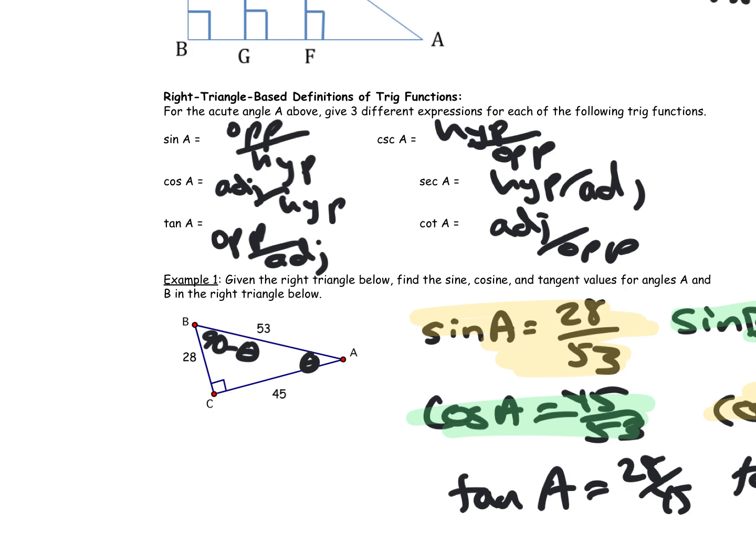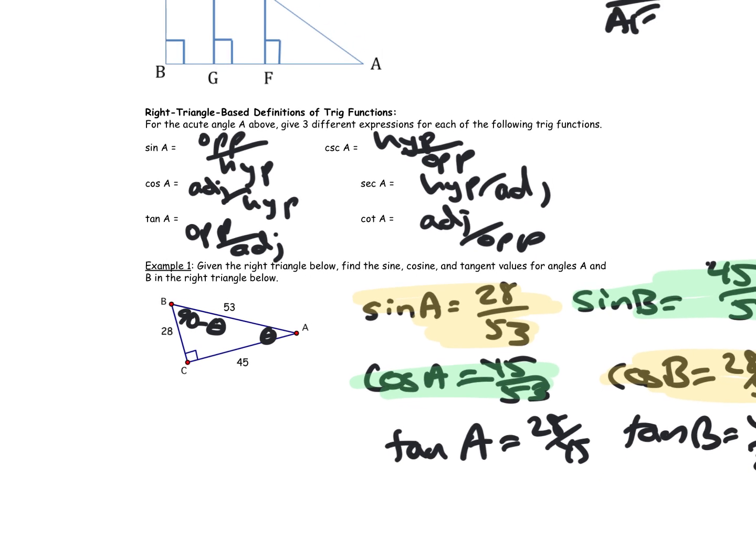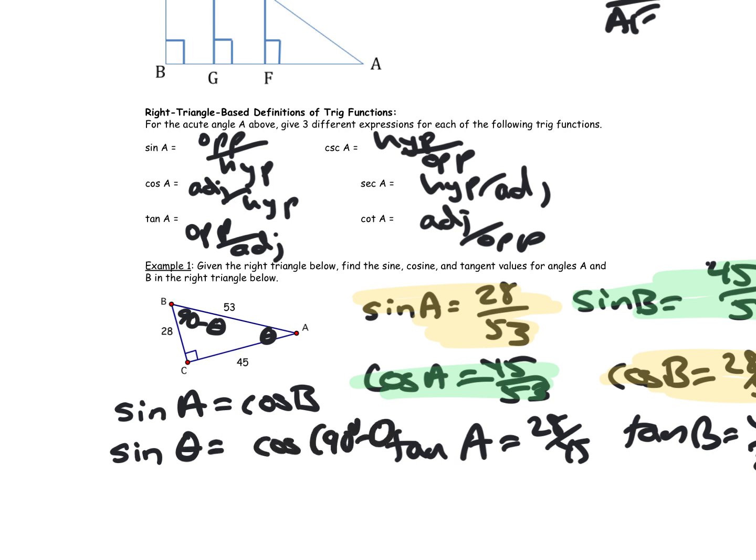So thinking about that, instead of using angle A and angle B, we saw that sine of A equals cosine of B. Let's replace this with what we just labeled A and B as. We've got sine of theta is equal to cosine of 90 minus theta.